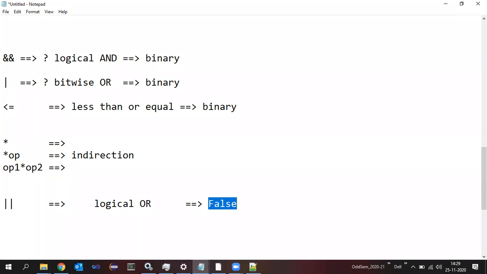When both operands are false. If both the operands are false, then only it is false. If any one or both are true, then the result is true.